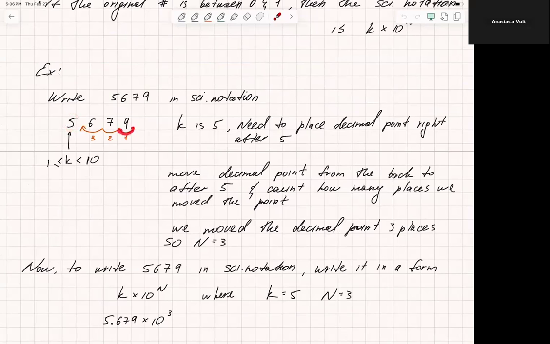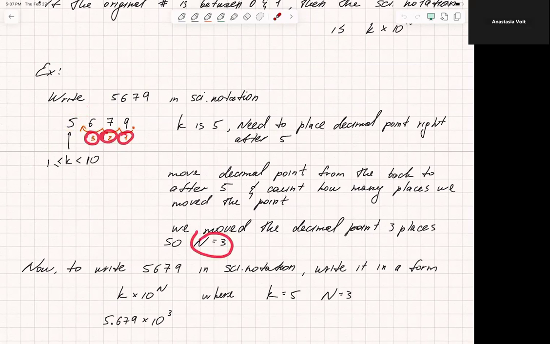Okay, so we would have 1, 2, 3 places that we move and we count. The number of places that we move our decimal point, that would be our n. So in this case, we moved 1, 2, 3. So this is where we need to put our decimal point, and we did it 3 times.